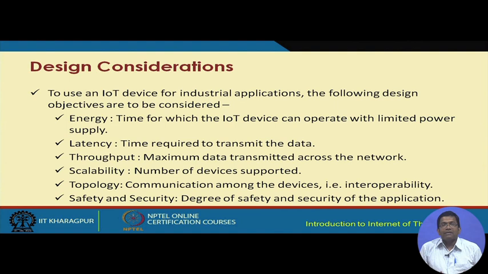It should not happen that the sensor gives a wrong reading, because of which a crankshaft or some wheel goes through, causing an accident to the people who are working in the plant. So, industrial safety is very important. IIoT systems, automation systems, have to be very reliable and have to take into account the degree of safety and the security of the application.